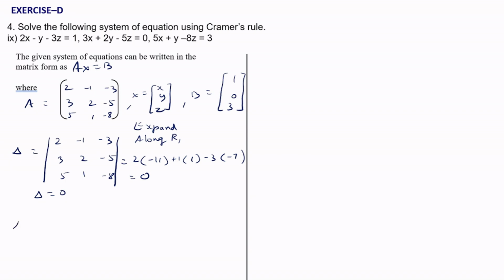Now we do not know what we are going to get for delta x and delta y. Delta x: the first column becomes 1, 0, 3, and the other columns remain the same. So let us expand along C1.